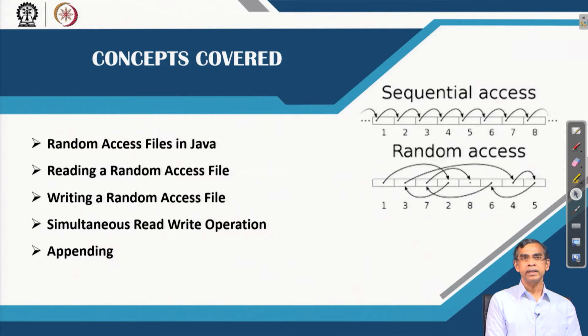Then simultaneous read and write operations, which is what the random access file is meant for, and then how data can be appended. Finally, we will discuss how an object can be stored into a random access file and then read back from it. So, these are the topics that we want to discuss.